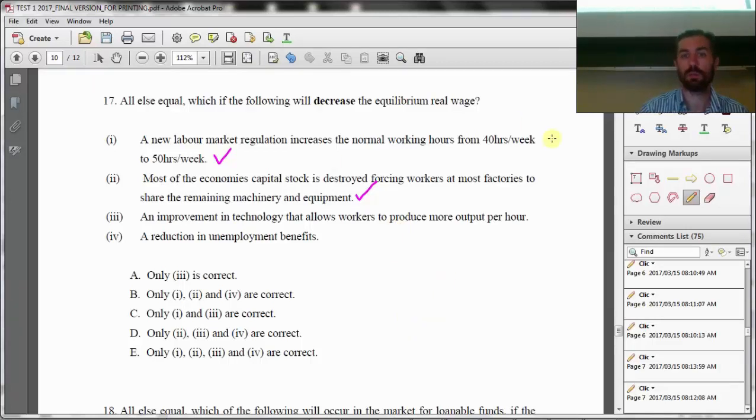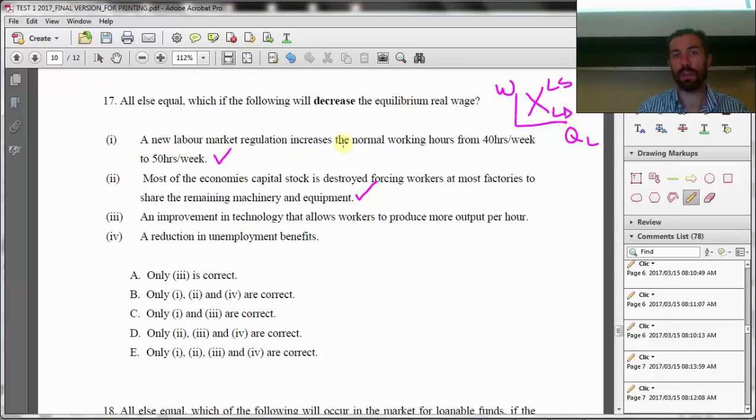Yeah? So the first one, you got labor demand, labor supply, new market regulation, so this is W and this is QL.